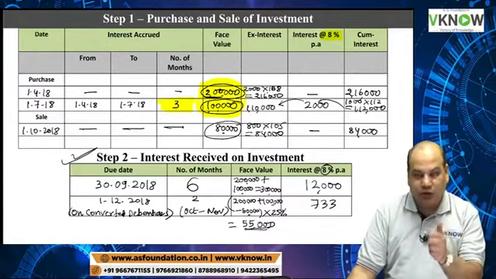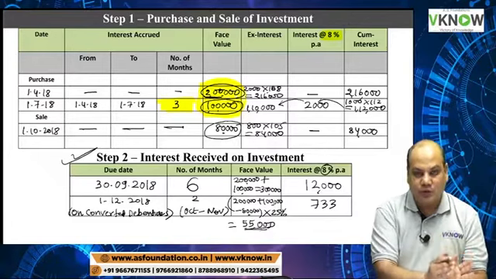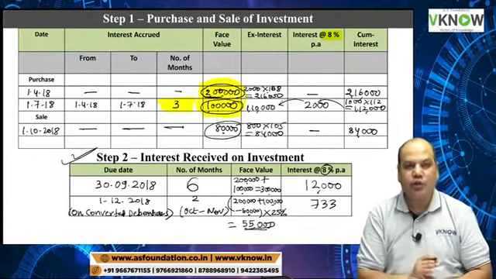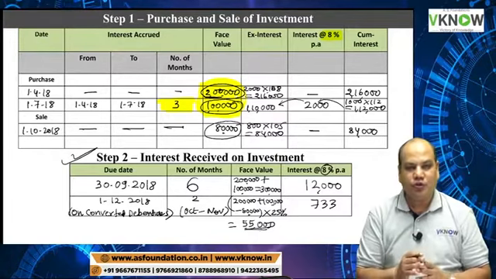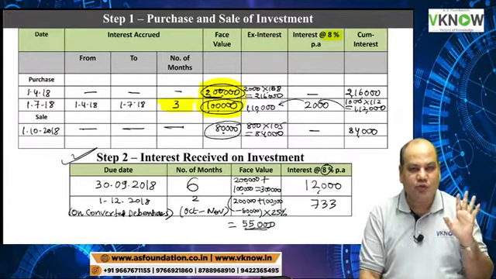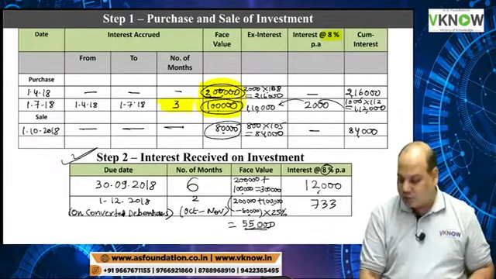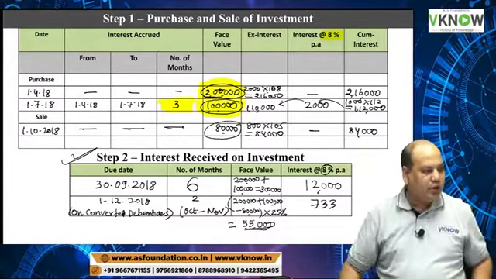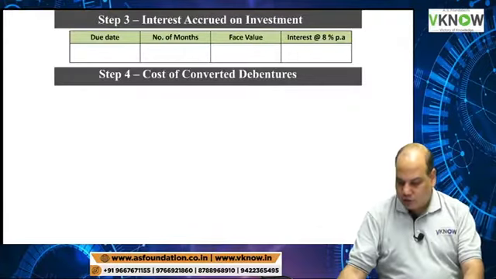This is the interest received for 2 months on the debentures which were converted into equity shares, because now they are no longer debentures. So they will say, please give me interest for 2 months for which it was outstanding as a debenture. 733 is right. Now we'll go to the next working note.